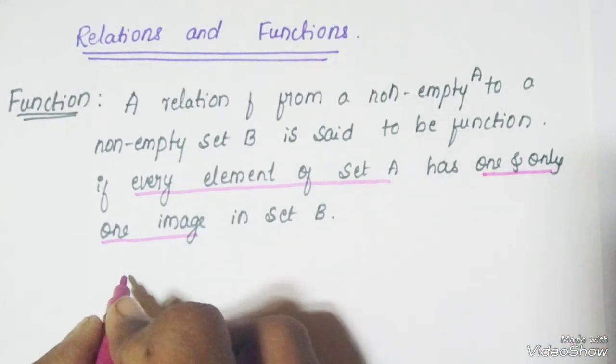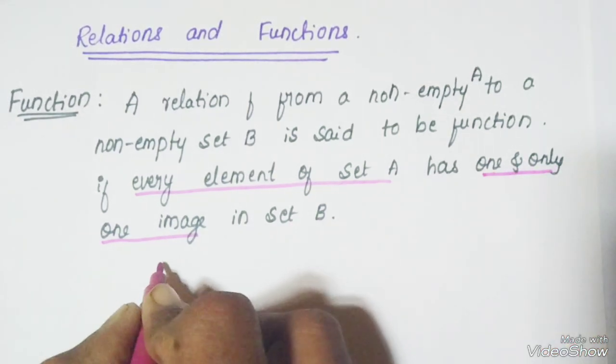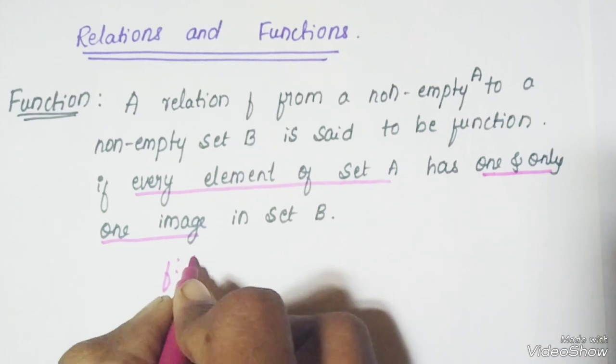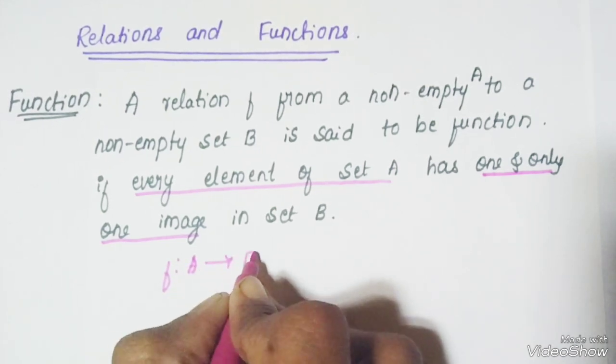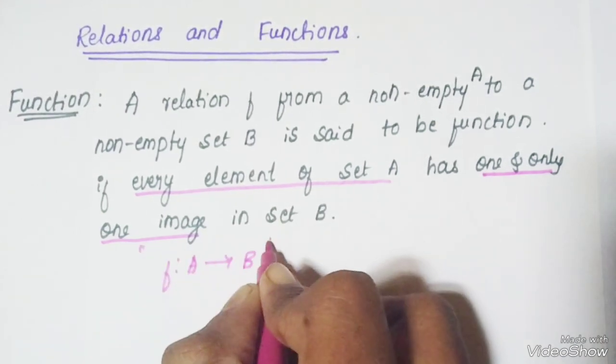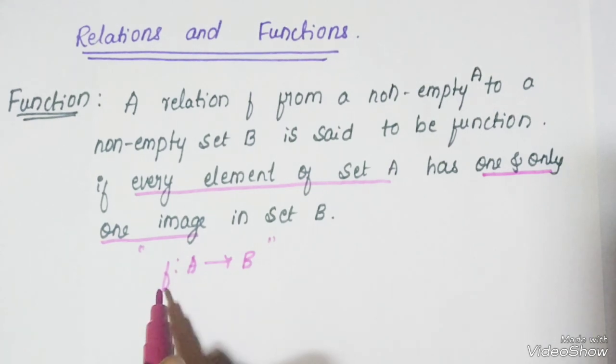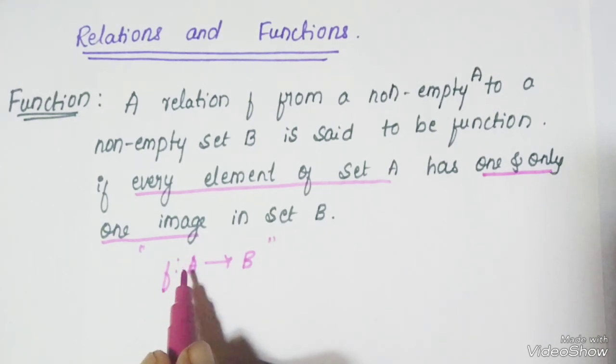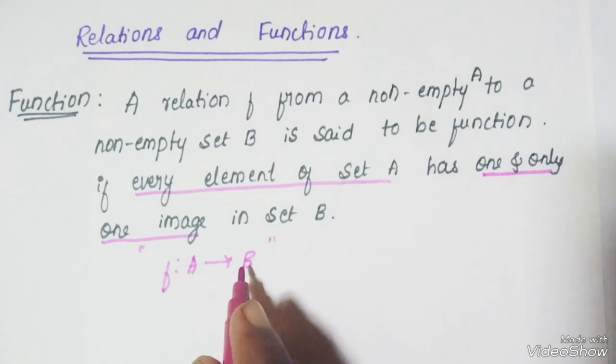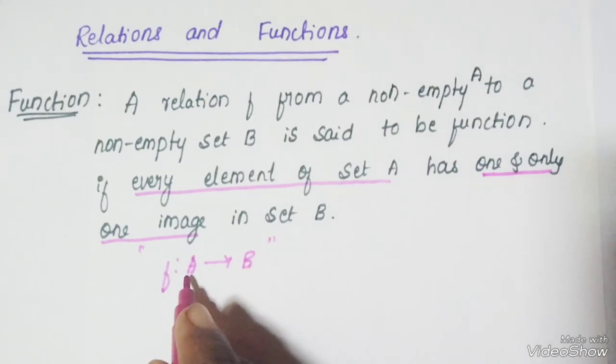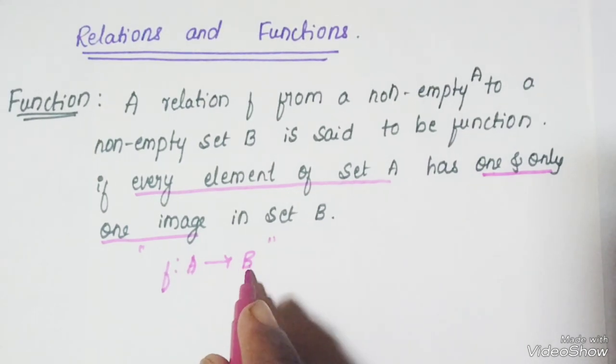Here we have to represent a function f from A to B. This is the representation of the function: a function f from A to B. Here A is considered as the domain and B is the codomain.